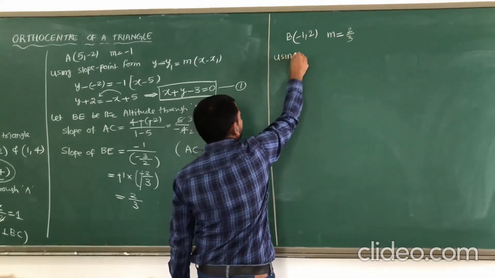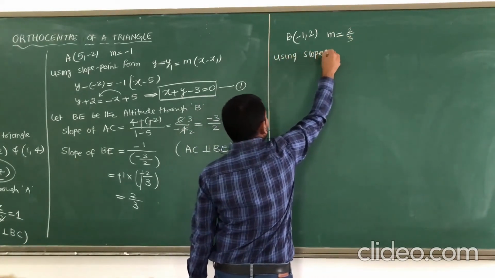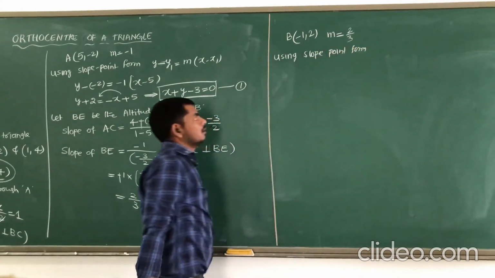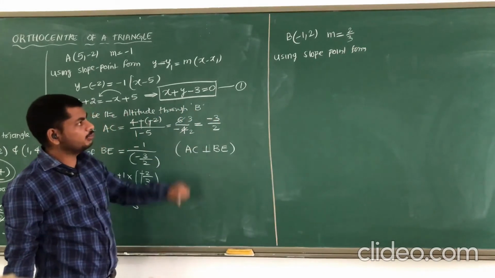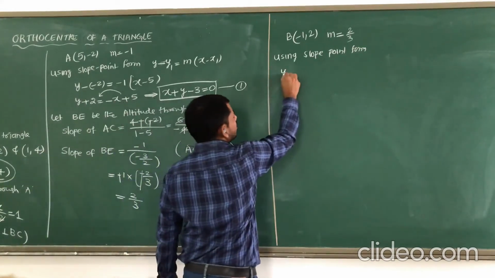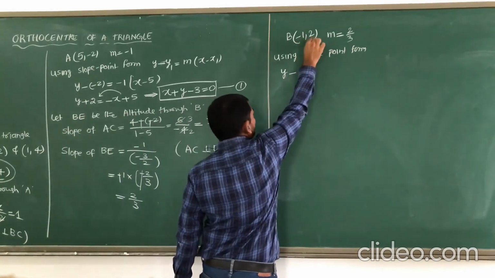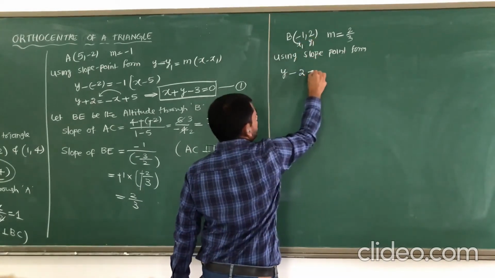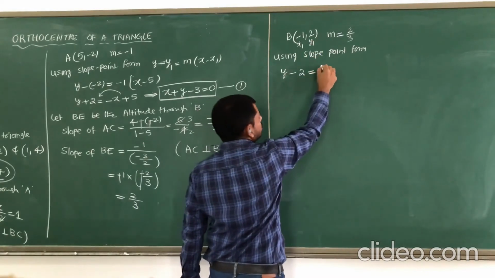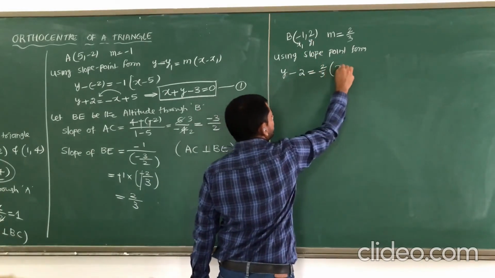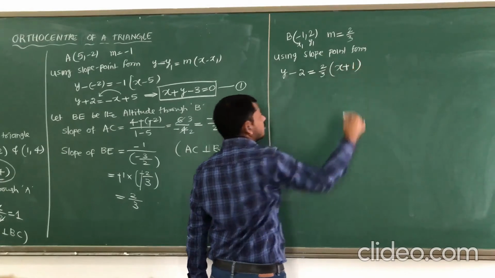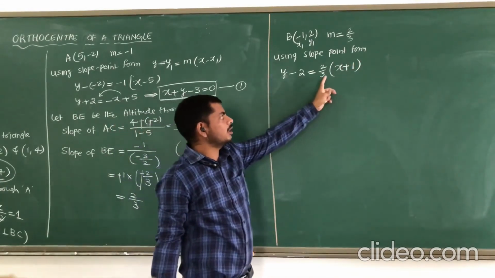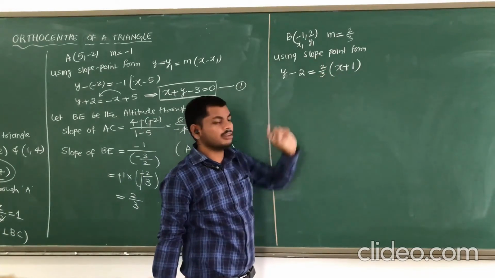Using slope point form, let us find the equation of BE, that is y minus y1 is equal to m into x minus x1, which is 2 by 3 into x minus of minus 1, that is plus 1.